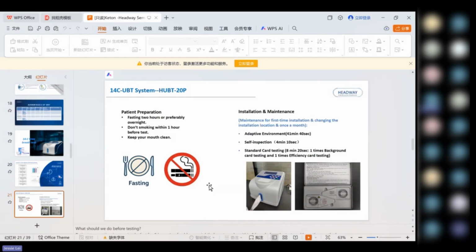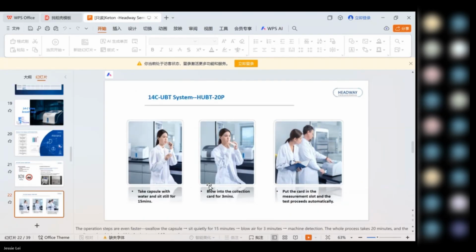So for first installation, we need to do 3 steps: the adaptive environment, self-inspection, and standard card test. That is just for first installation or every time you move it to a new location. I will give a detailed introduction about how to do maintenance in a later slide.